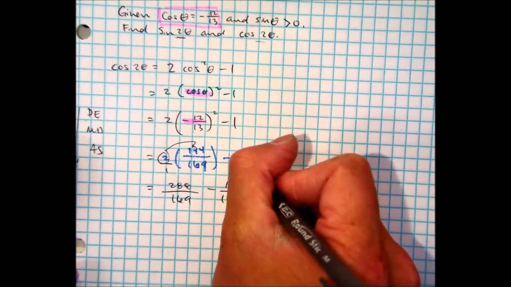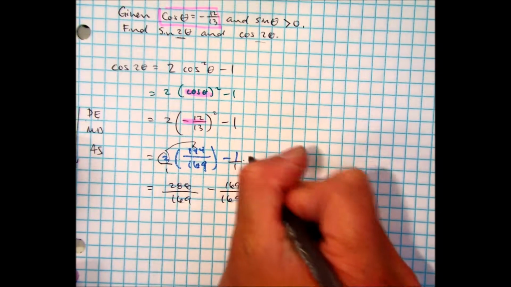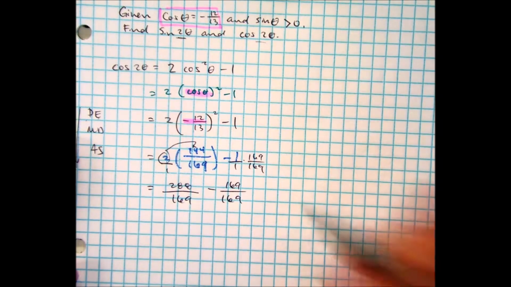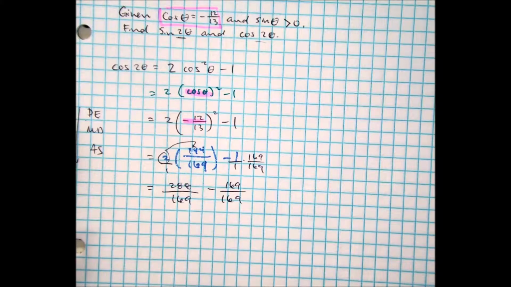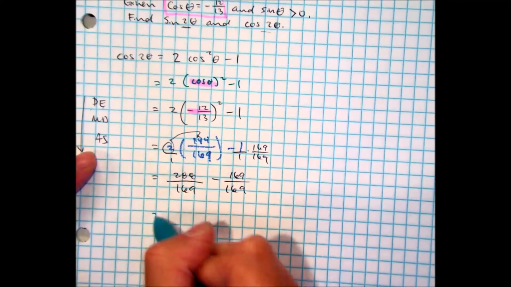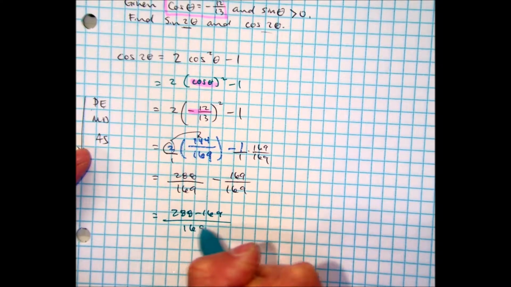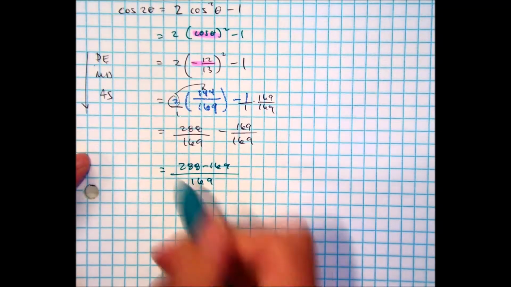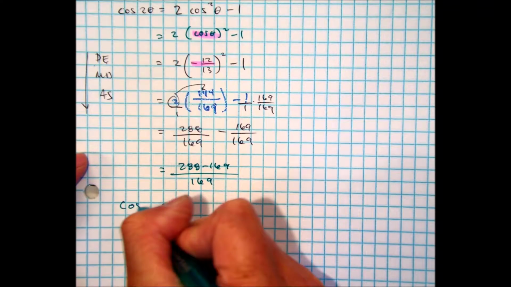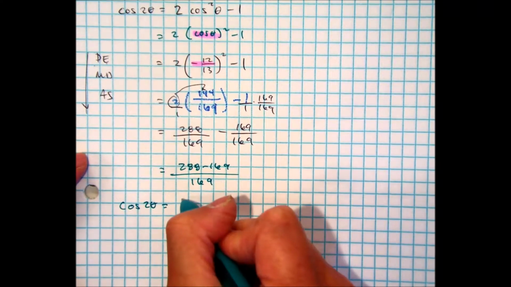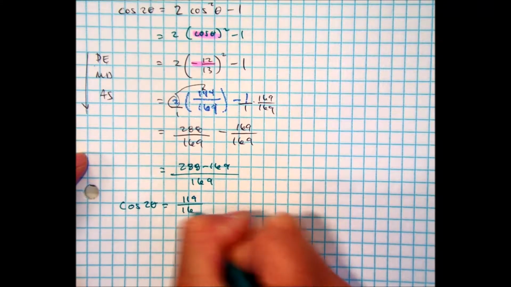Remember, I'm just taking this 1, turning it into a fraction, 169 over 169. Now I can just do 288 minus 169 over 169. In your calculators, that becomes 119 over 169.